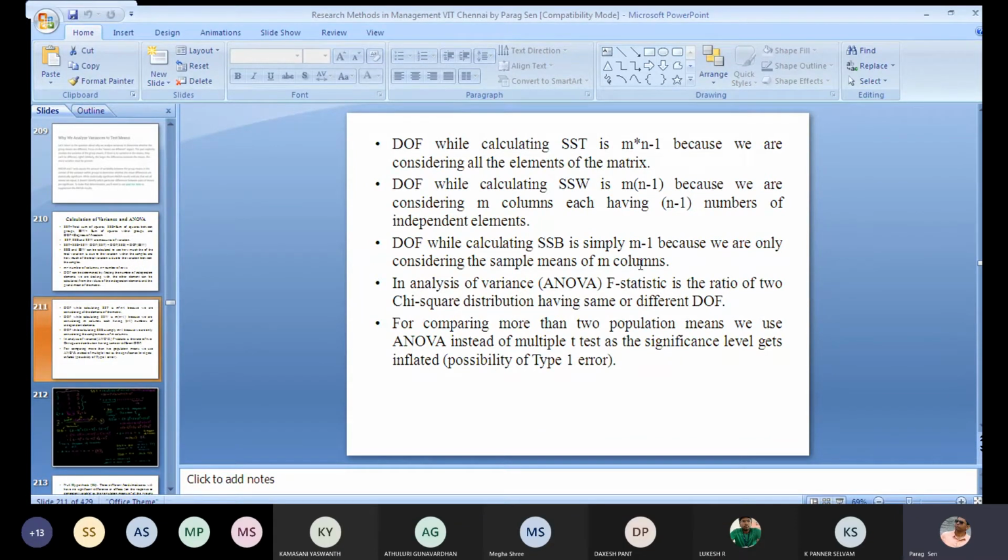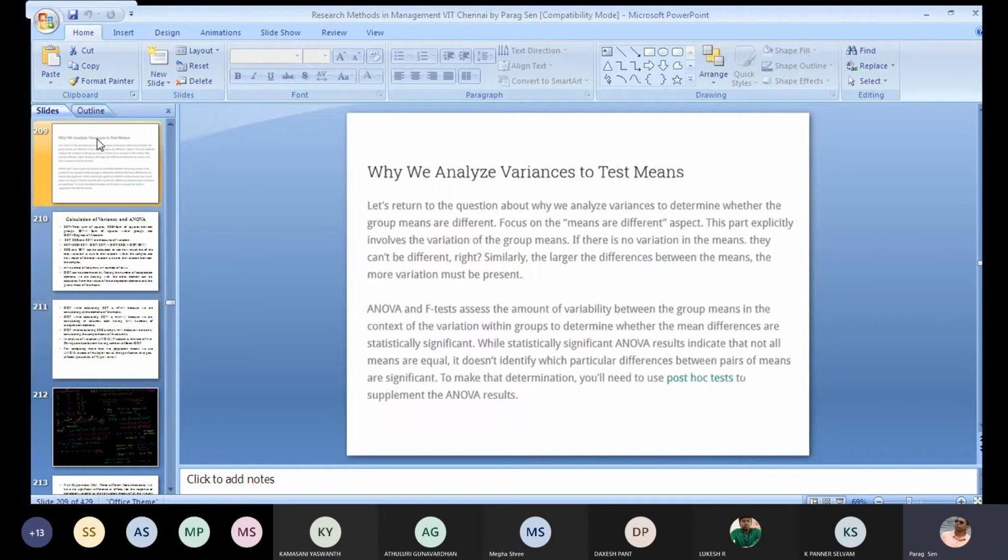In analysis of variance, the F statistic is the ratio of two chi-square distributions having the same or different degrees of freedom. And why do we compare variance when our intention is to compare the mean? Because I have previously told you that if there is no variation in the mean, they cannot be different.